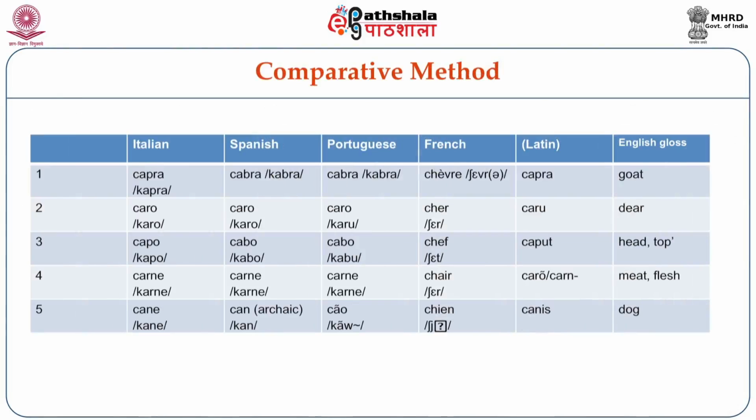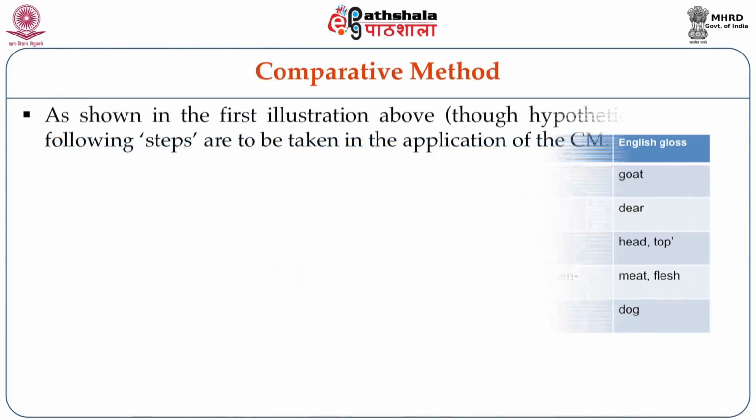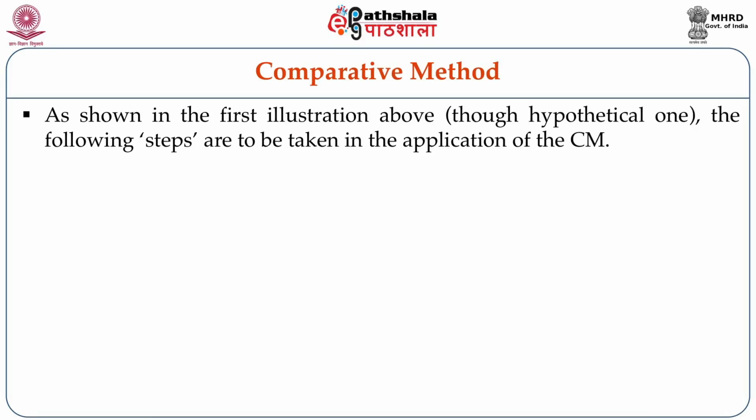So the data is there, the students are expected to read that. As shown in the first illustration above, though it was hypothetical, the same steps are to be applicable in all comparative methods.